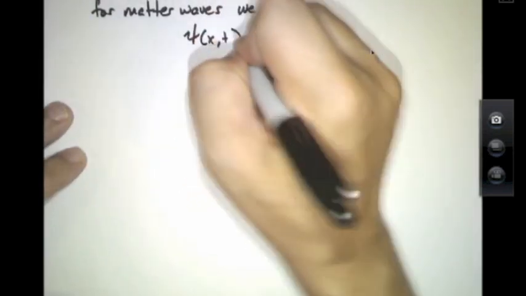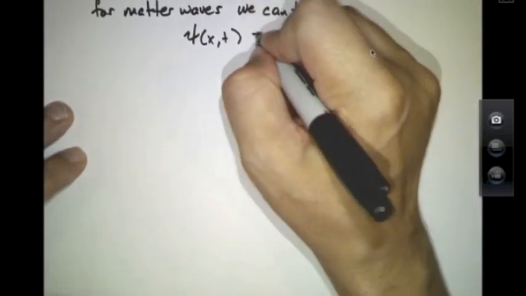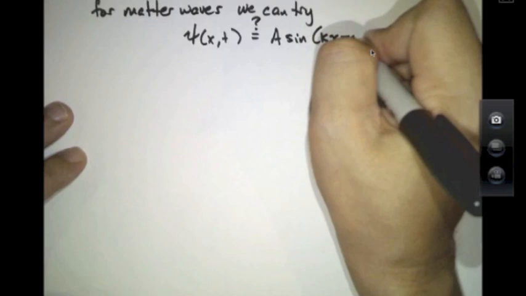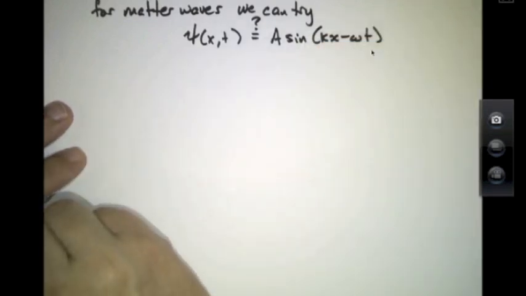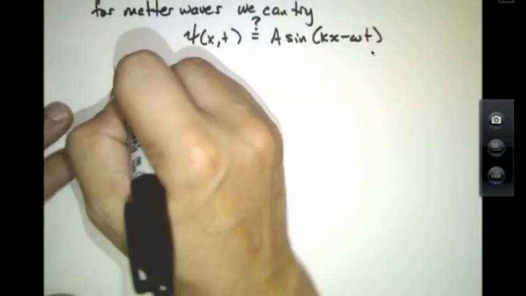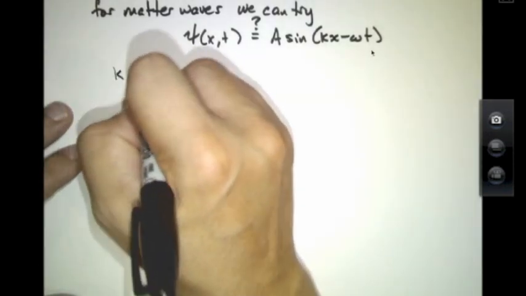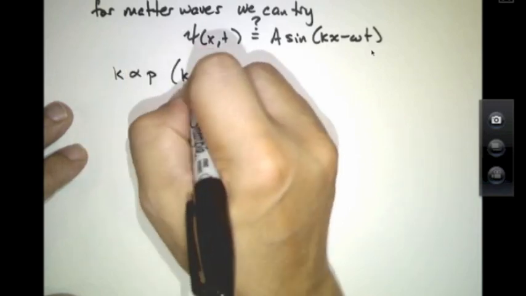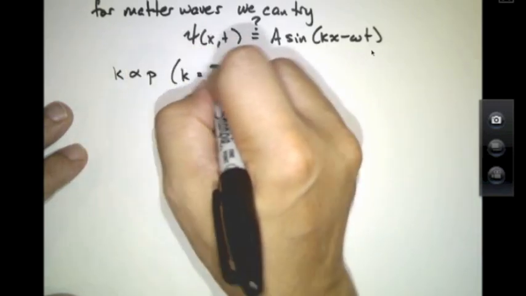So we can try such a sinusoid for matter waves as well. Let's see if this would work. Here k is proportional to p. Actually, what it is, is p over h bar.